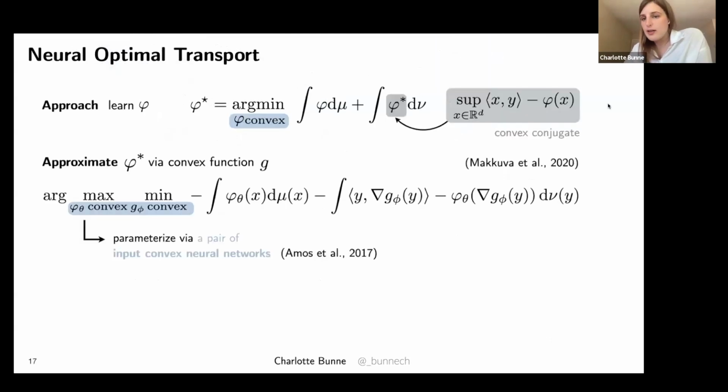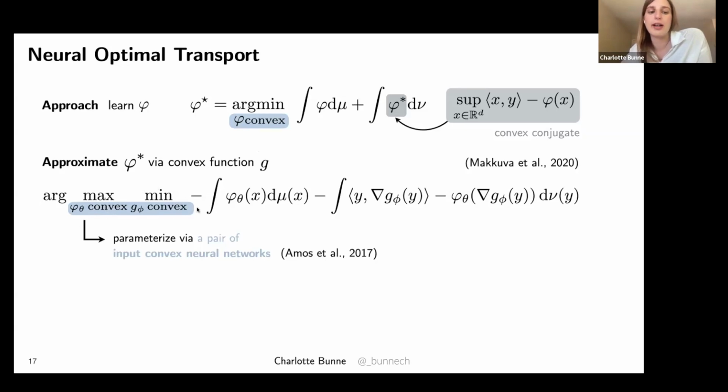Because solving this convex conjugate is quite tricky, we can just approximate it via another convex function. And we derive a min-max or max-min formulation that is very similar to those Wasserstein GANs that were published many years ago, in 2017, where the problem was similar, but the cost function was a different one. It was an L1 cost function, ultimately resulting in Lipschitz constraints.